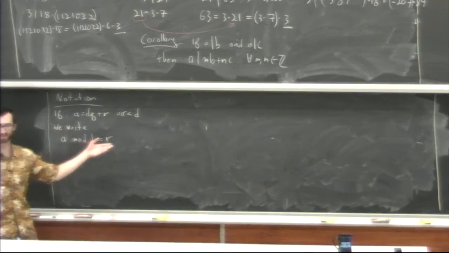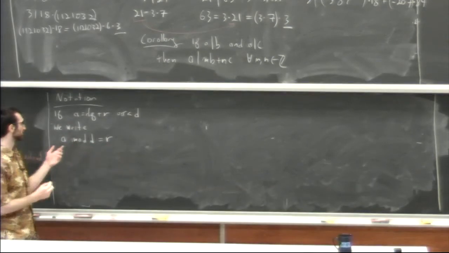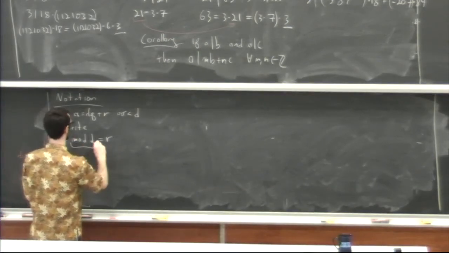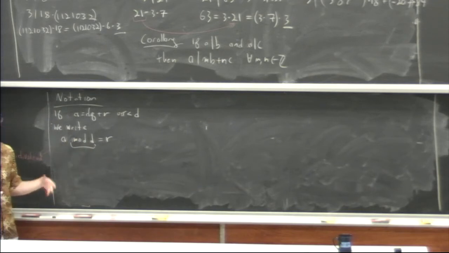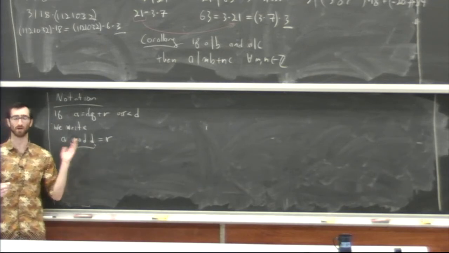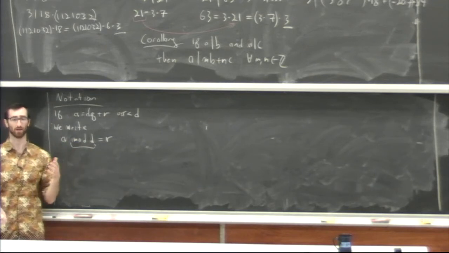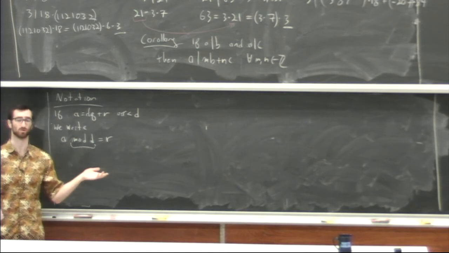So what I'm essentially setting up here is I'm defining a function called mod d, which only keeps track of the remainder of any number a mod d, or modulo d.